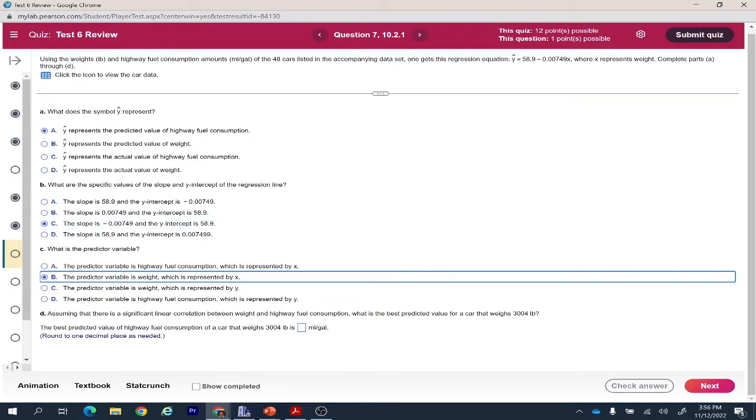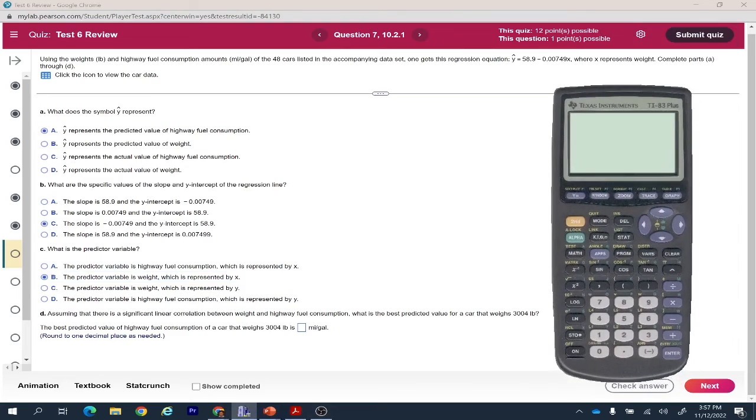Assuming that there is a significant linear correlation between weight and highway fuel consumption, what is the best predicted value for a car that weighs 3004 pounds? Now we can use this relation, and the value of x is given, which is 3004. Just plug in x equal to 3004 and do the calculation. I'm going to use a calculator here.